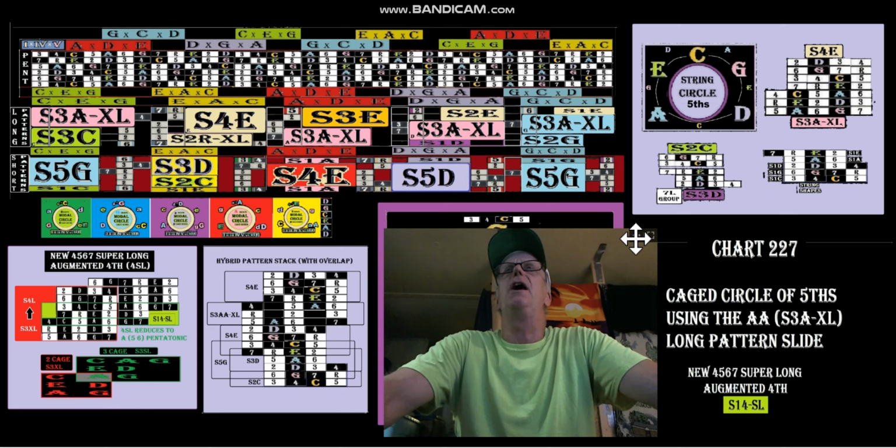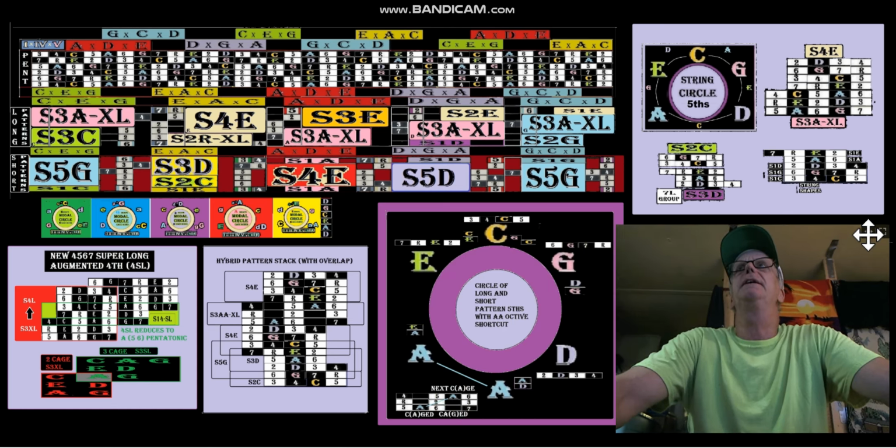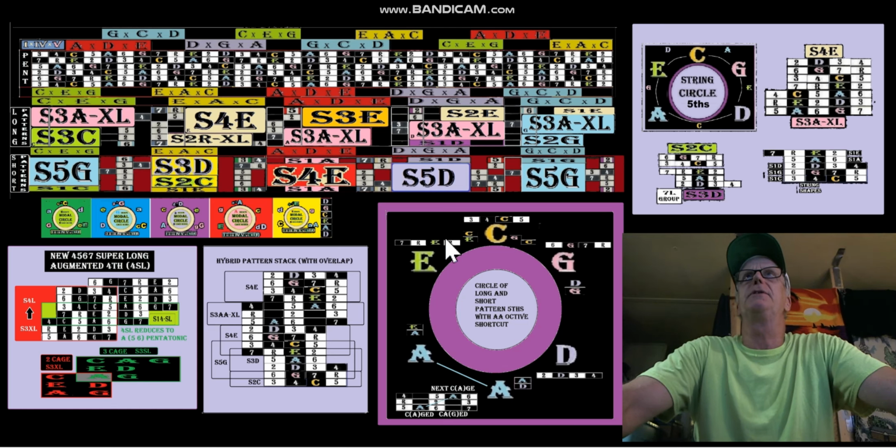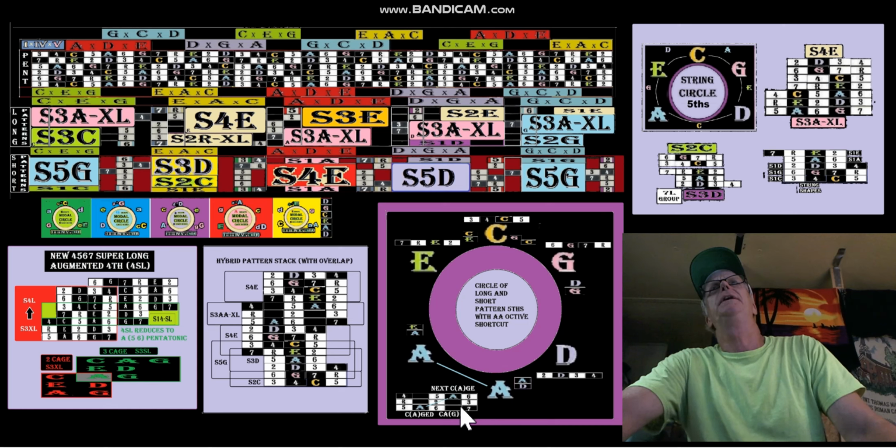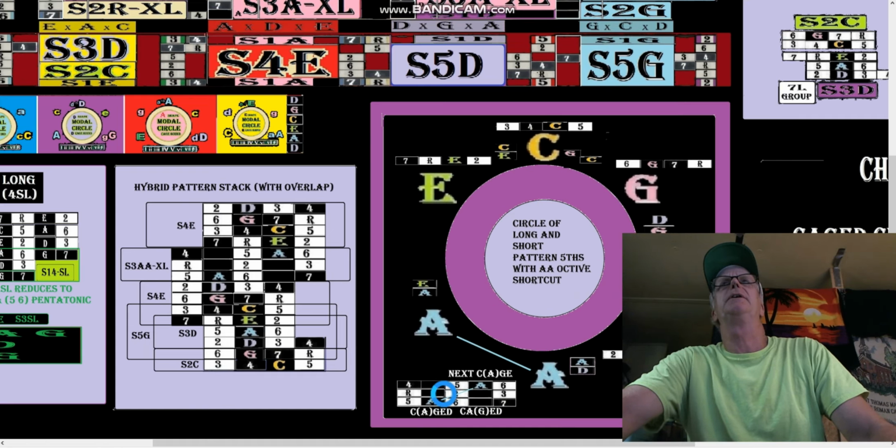Actually, it's not even a slide except with this circle here. So what we have here is an S4E short pattern, CAGED pattern, where we have 7, root, 2, 3, 4, 5, 6, 7, root, 2, 3, 4, and then we go into a long pattern starting with the A shape down here.